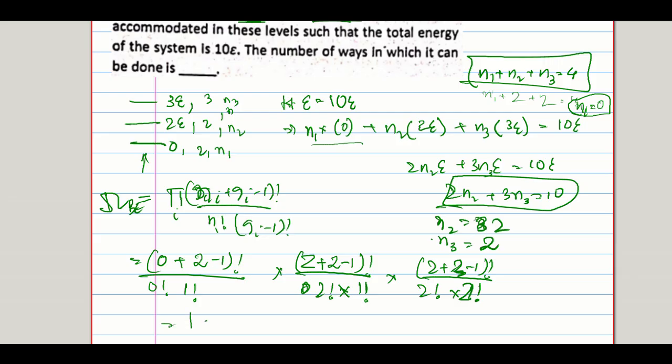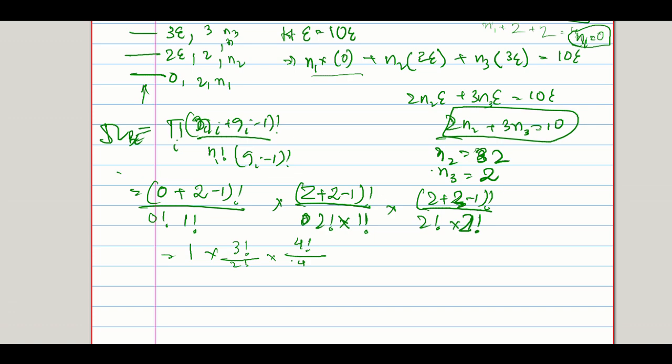So this is 1, this is 3 factorial by 2 factorial, which is 3, into 4 factorial divided by 2 factorial into 2 factorial, which is 6. So this will be 18 ways.